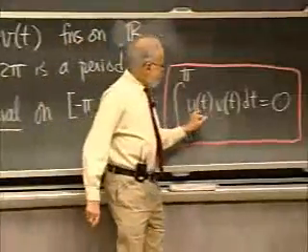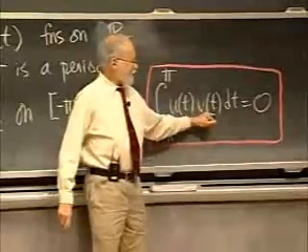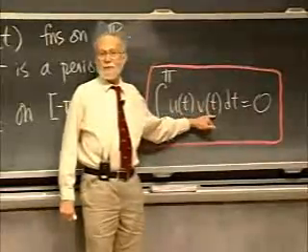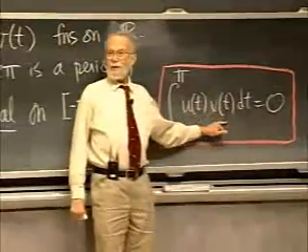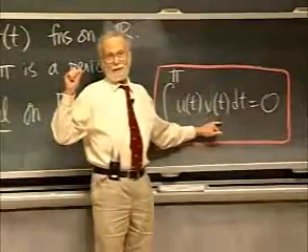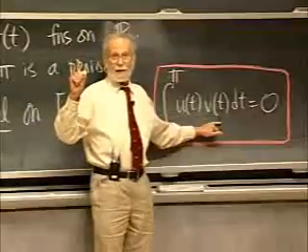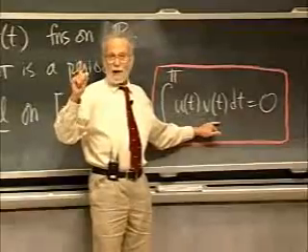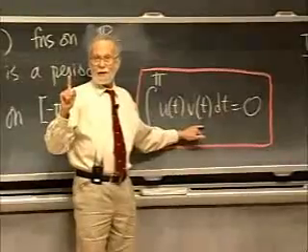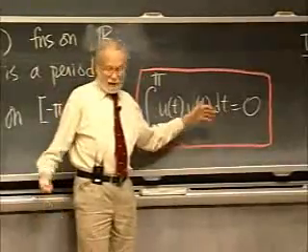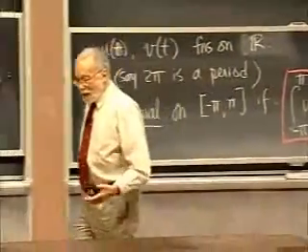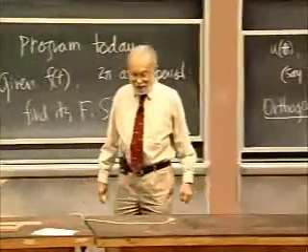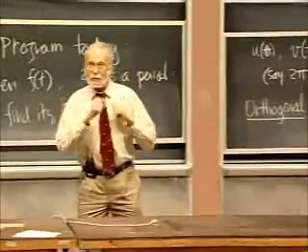Now, how do you know that you could not possibly get the answer 0 if the two functions are the same? If the two functions are the same, then I'm integrating a square. A square is always positive, and therefore I could not get the answer 0. But in the other cases, I might get the answer 0, and the theorem is you always do.